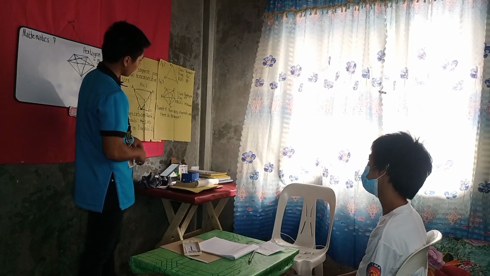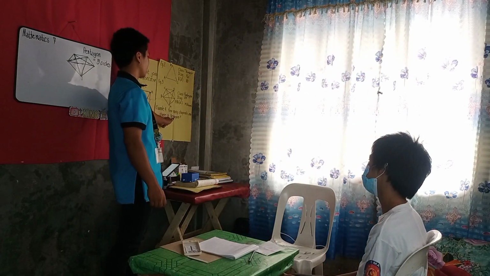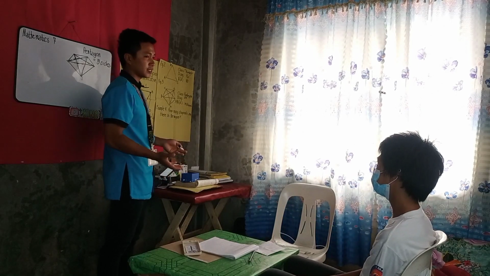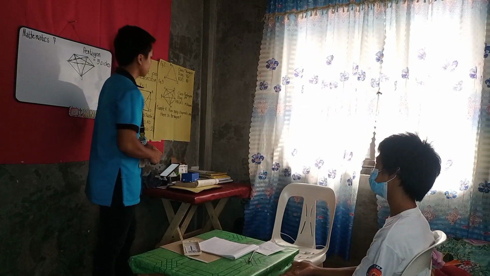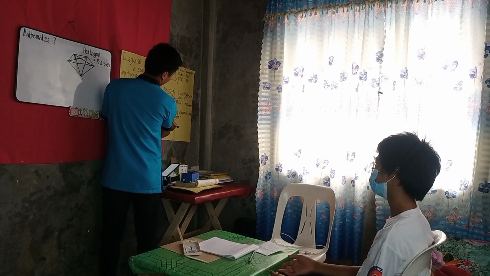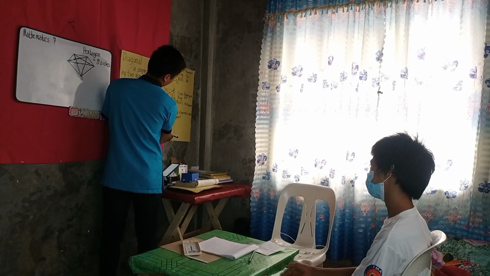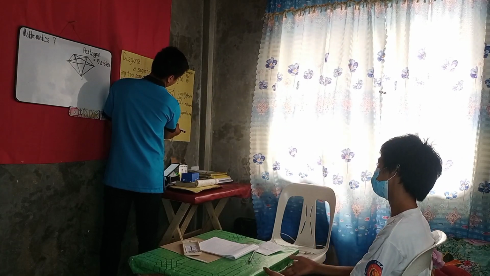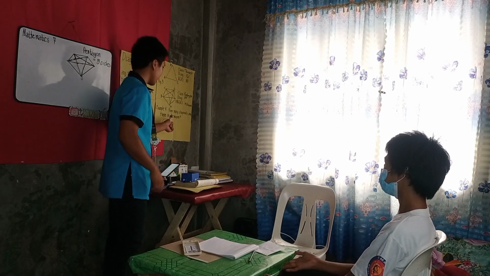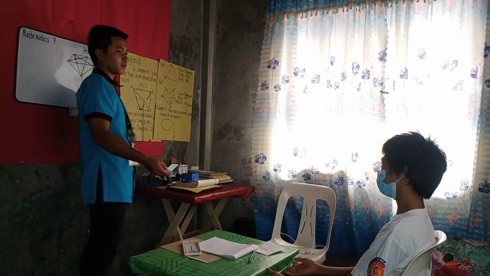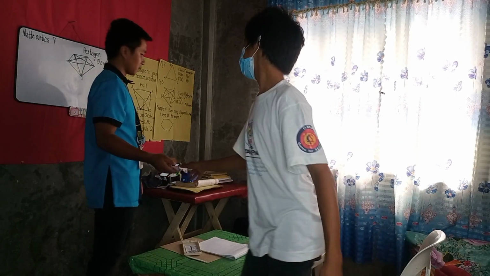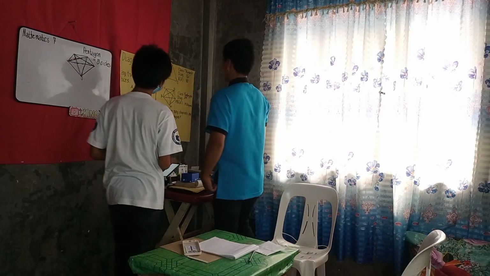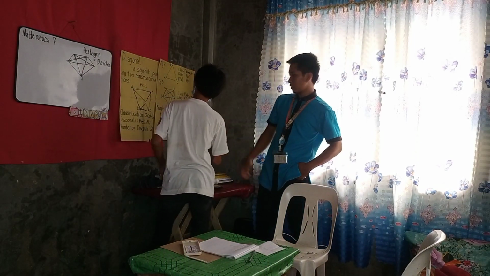Paano naman pag sa hexagon? Ilan ba ang sides ng isang hexagon? Sir, 6. So, let us draw. 1, 2, 3, 4, 5, 6. Ang tanong, ilan ang diagonals ng hexagon? Can you write it? Diagonals lang. Dito ka magsulat.